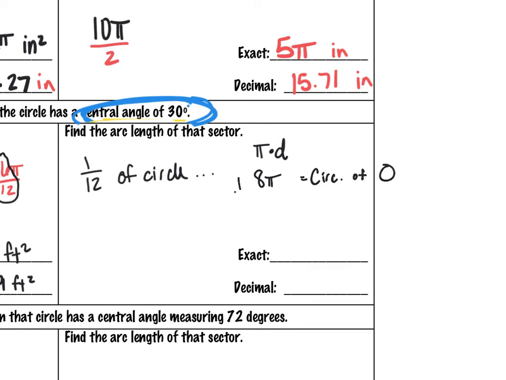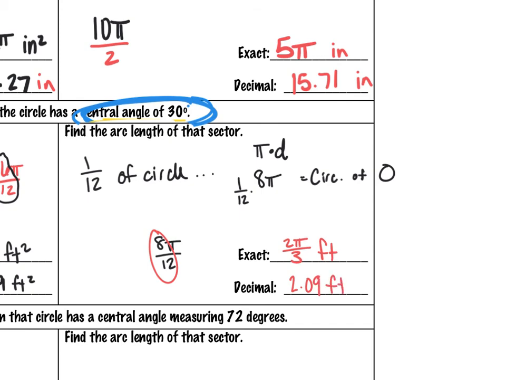I only want 1/12 of that. So I'm going to take 8 pi over 12, and then I'm going to reduce the 8/12, and that's going to be my exact answer. And then I can divide that in my calculator, 2 times the pi button divided by 3, and that's going to give me an answer of 2.09 feet.